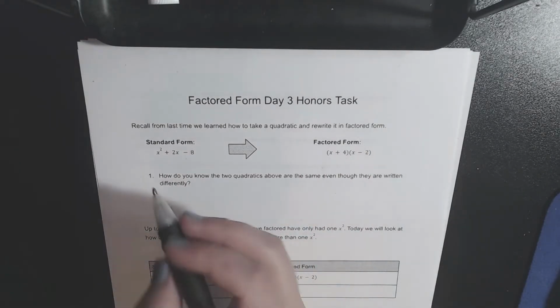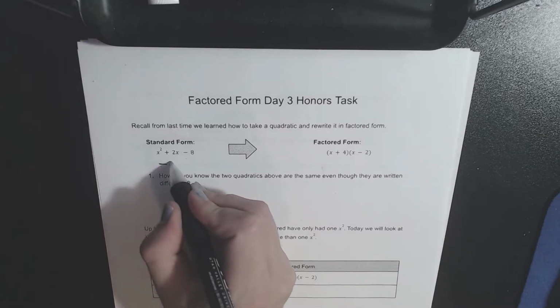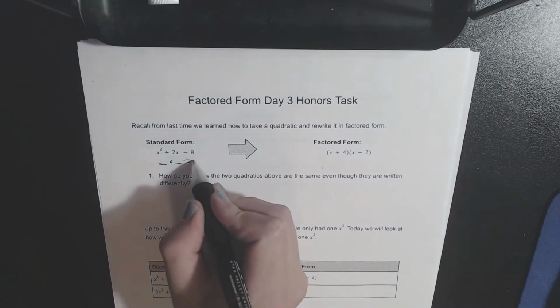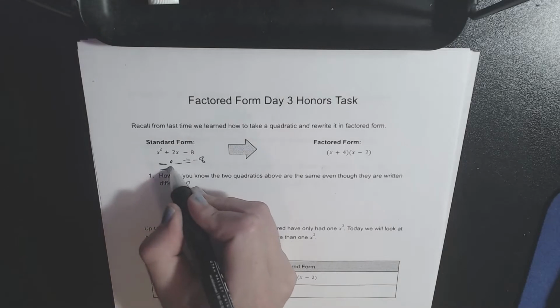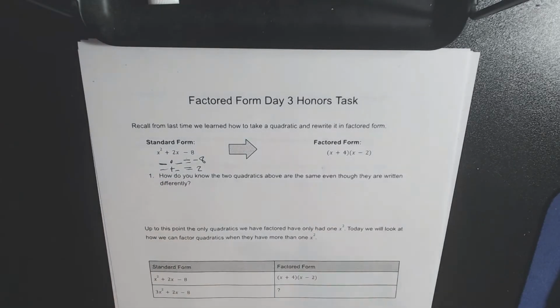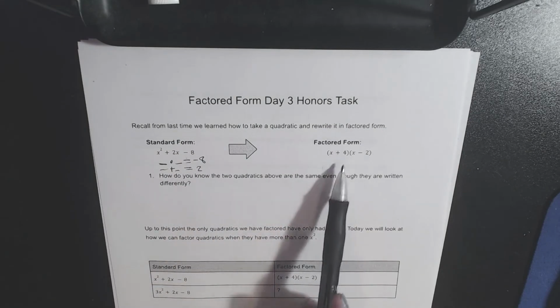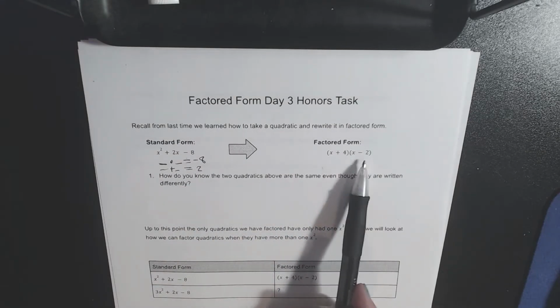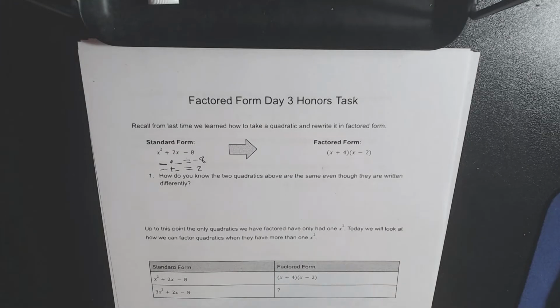Remember how you go from something like this in standard form over to it being in factored form is you look for numbers that multiply to -8, and then the same numbers have to add to 2, and those are the numbers that go next to your x in this factored form, okay?